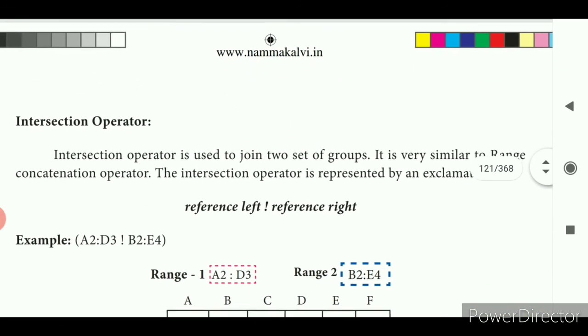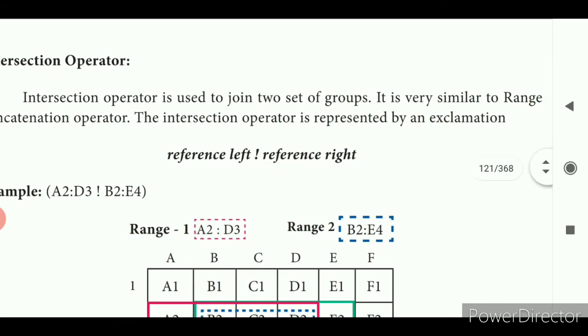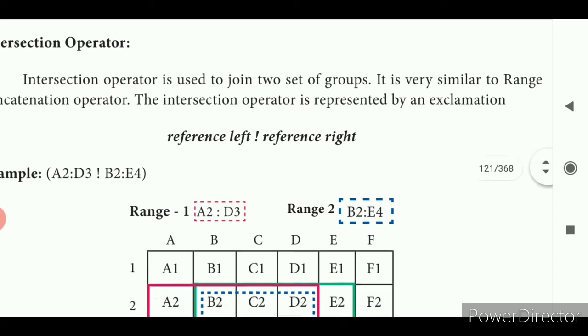Then the intersection operator. The intersection operator is used to join two sets of groups. It is very similar to the range concatenation operator. The intersection operator is represented by the exclamation mark: reference left, then exclamation mark, then reference right. Here you see the example: A2 colon D3, then the intersection operator, then B2 colon E4.